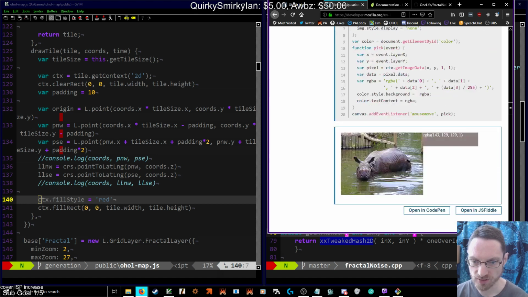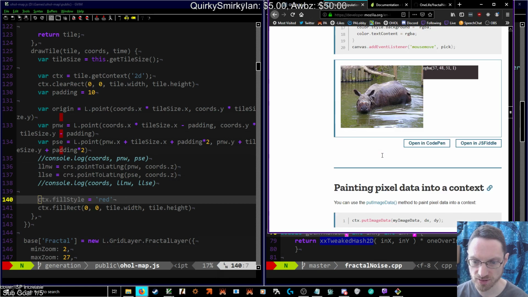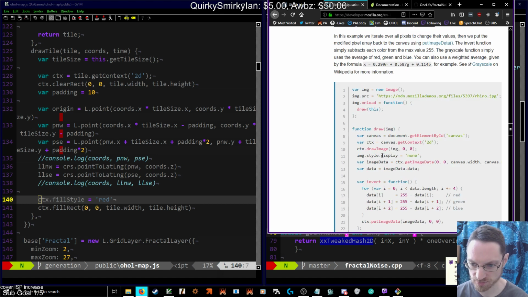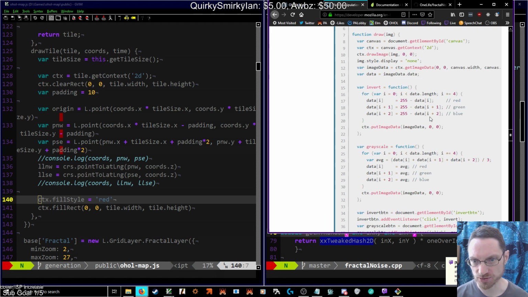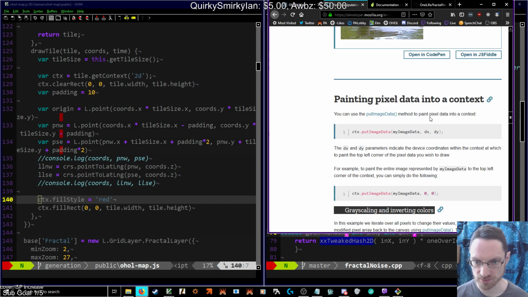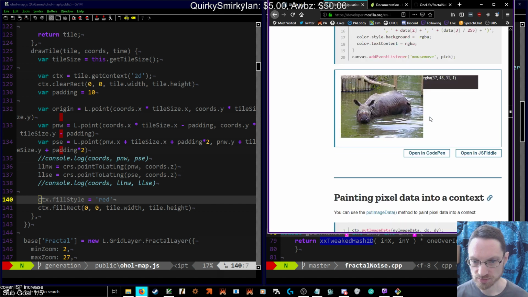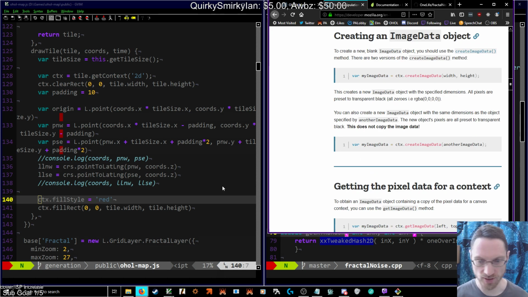Well, okay, so we've got examples that are updating a thing, right? It's the color picker. Invert, put image data, and so on. We're really creating this from scratch. So we don't need to get image data necessarily. Create image data.